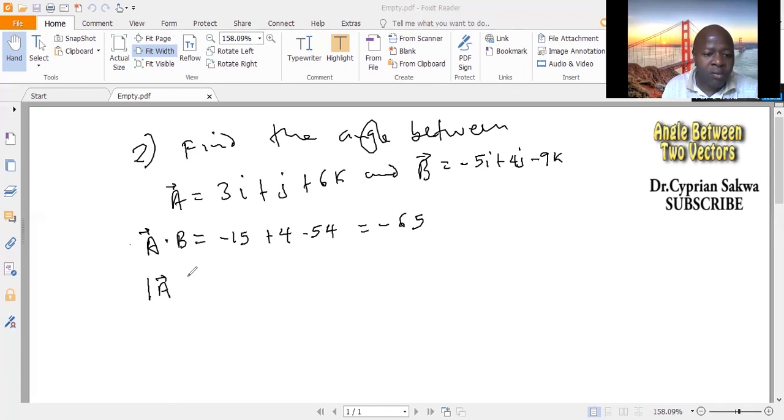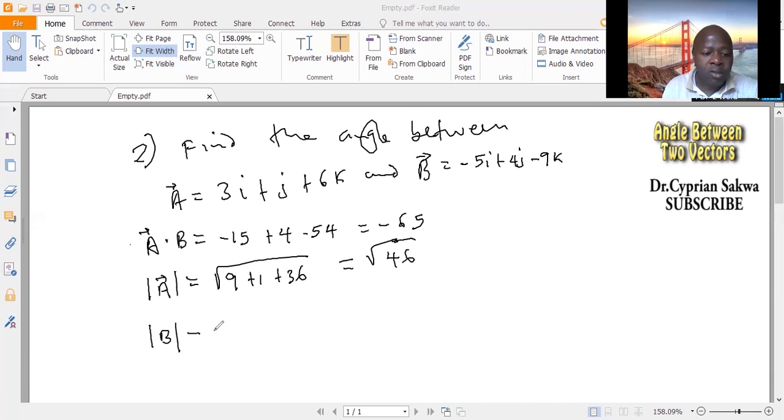Then what is the magnitude of A? The magnitude of A is the square root of 9 plus 1 plus 36. The square of 3 is 9, the square of 1 is 1, the square of 6 is 36, and this is the square root of 46. What about the magnitude of B?